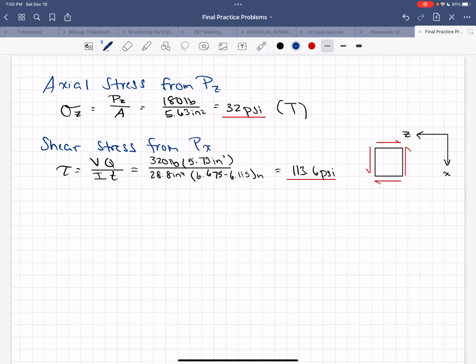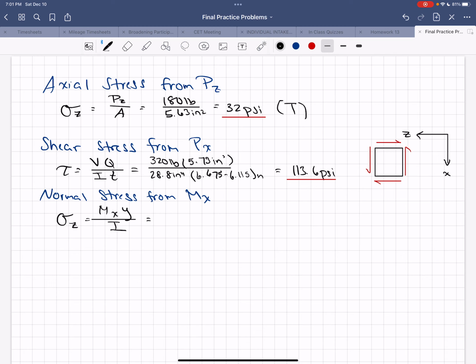All right, moving on. The normal stress from the moment about X, from MX. Okay. So this is going to make the beam bending stresses act. They always act longitudinally. In this case, it's Z. So we have sigma Z equals the moment about X times Y, which is the radius of the big diameter, all over the moment of inertia.